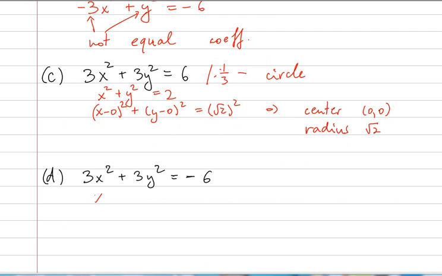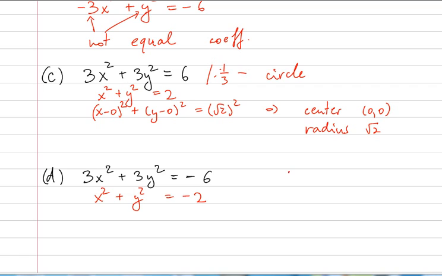And for this one, we get x squared plus y squared equals negative 2. So this would be a circle, except its radius is the square root of a negative number.